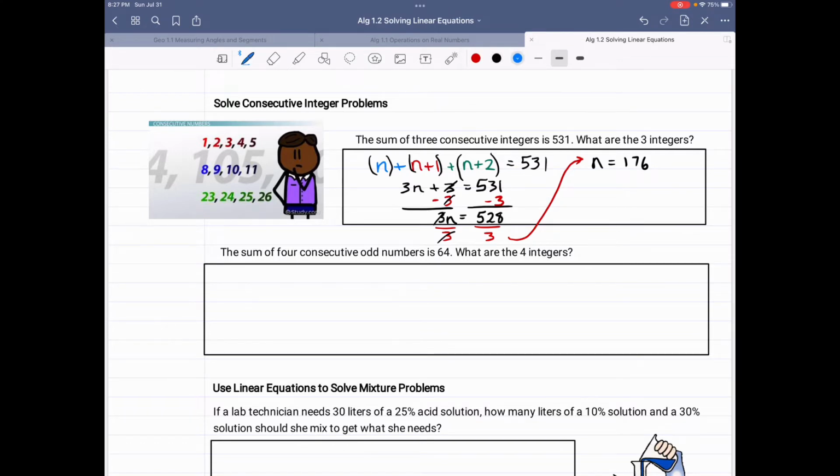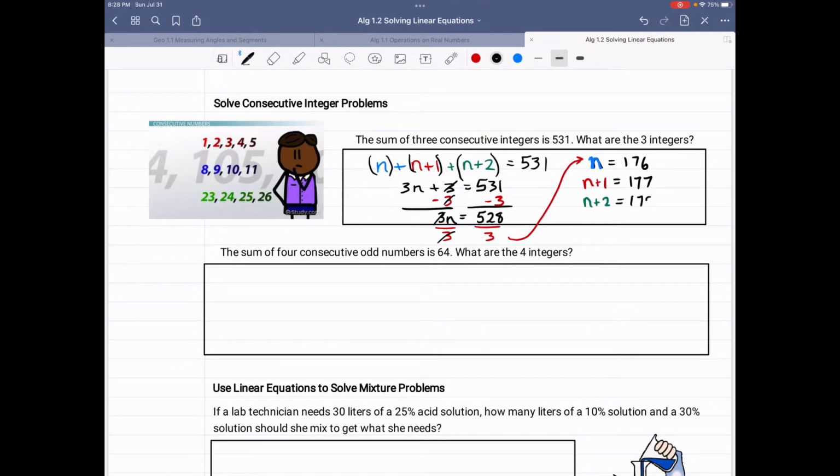So that just gives us the first number. Remember, that's just the n number. We also need the n plus 1, and we also need the n plus 2. Well, if n is 176, what's the next number? And if n plus 1 was 177, what's n plus 2?